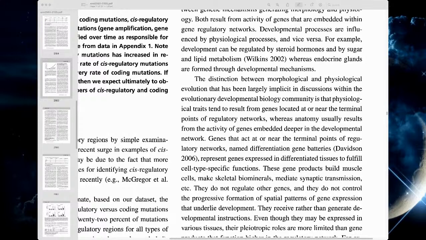Genes that act at or near the terminal points of regulatory networks, named differentiation gene batteries, represent genes expressed in differentiated tissues to fulfill cell type specific functions.